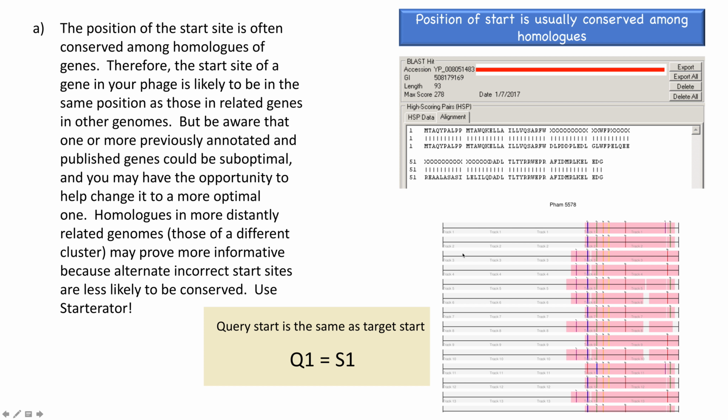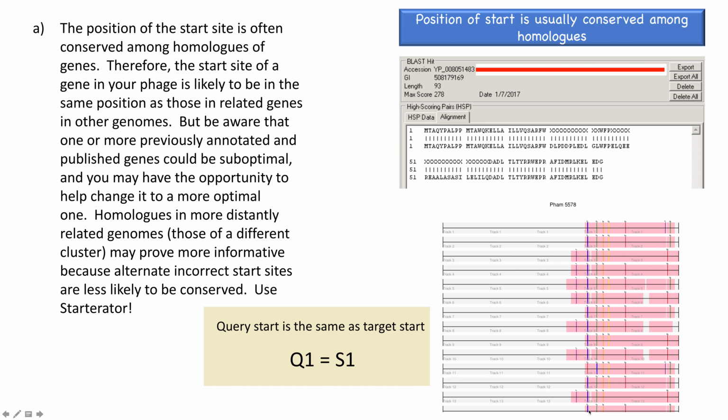The protein we might be looking at is in track 3, and here all these lines indicate the potential starts within that protein sequence. These other tracks are showing the homologs, and you can see that start number 1 of our protein is not found in some of the tracks, but is found in others. So start number 1, even though it gives the longest possible ORF, is probably not the start because it's not conserved in all the homologs.